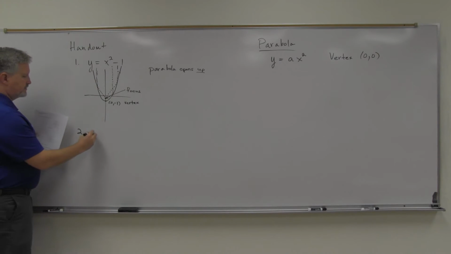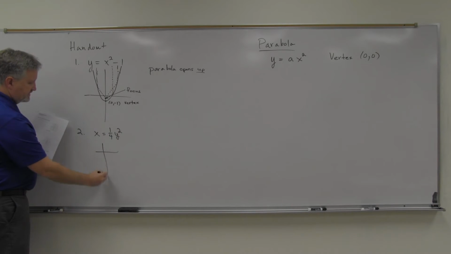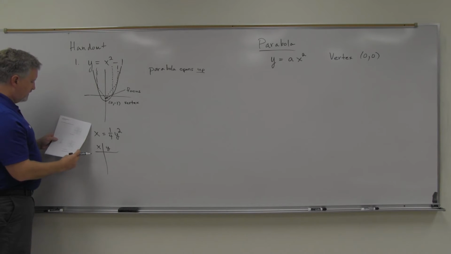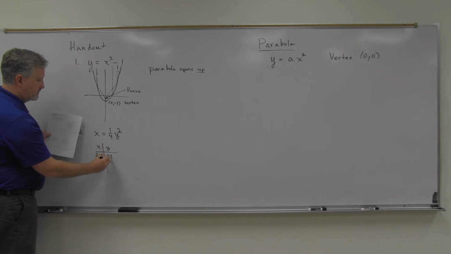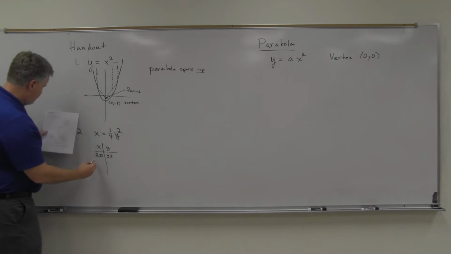All right, so number 2, we've got x equals 1/4 y squared. I did a table, like I said, on the handout, so I'm not going to write the whole thing up here. Basically I've got x of 2.25, y is plus or minus 3, picking somewhat random x values and then finding the y values.